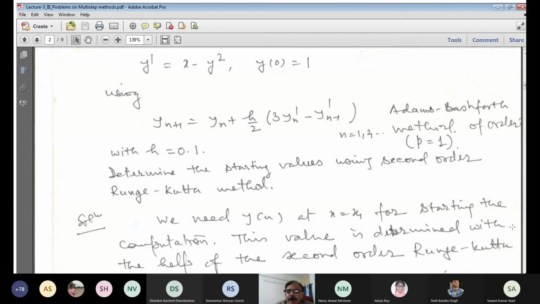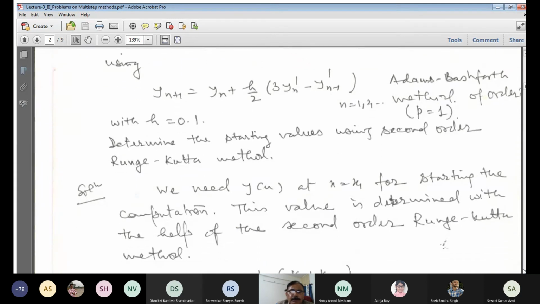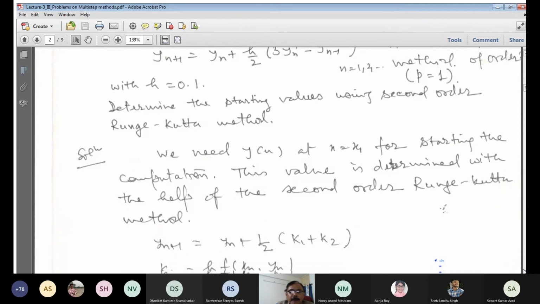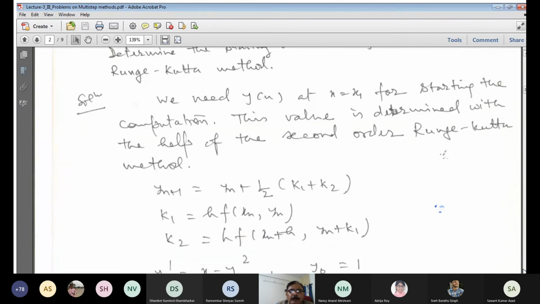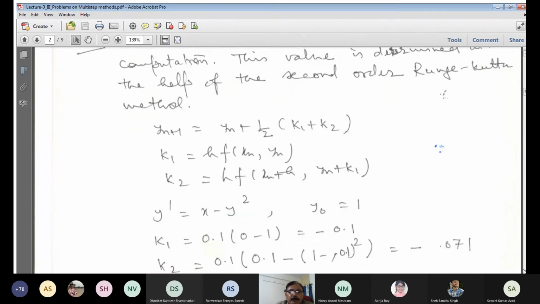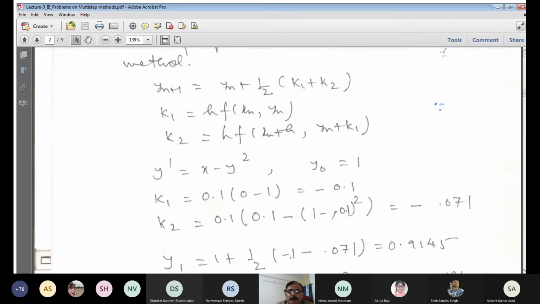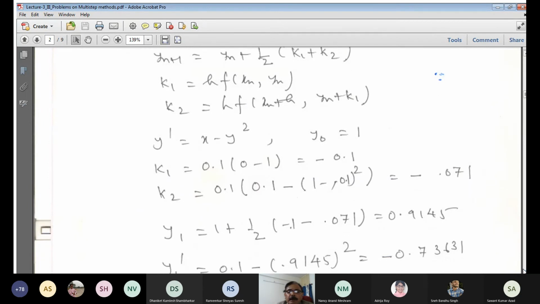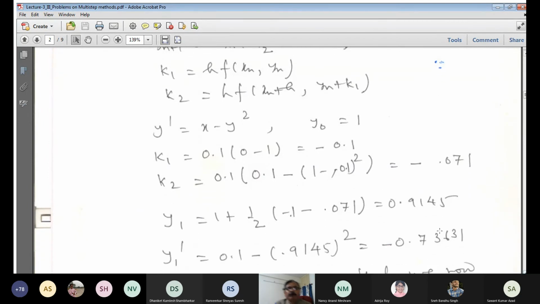I am leaving that as an exercise for calculating your y1 value. I have already explained how to use the Runge-Kutta method.